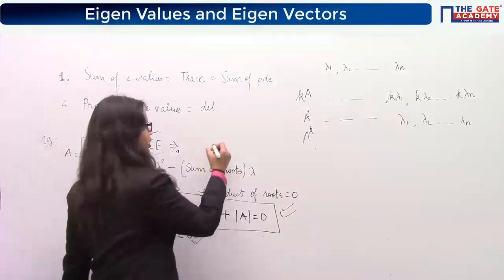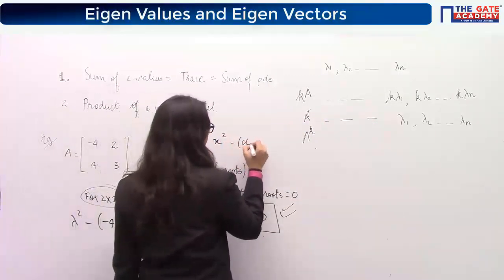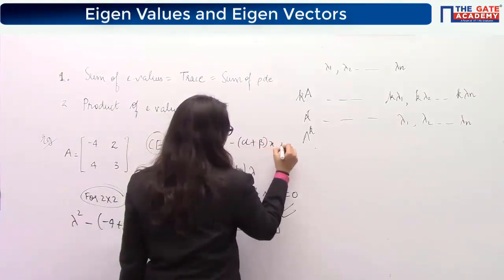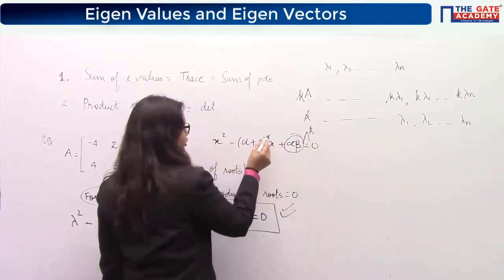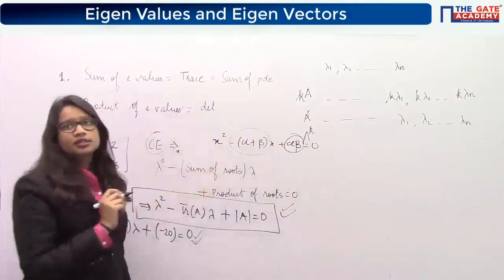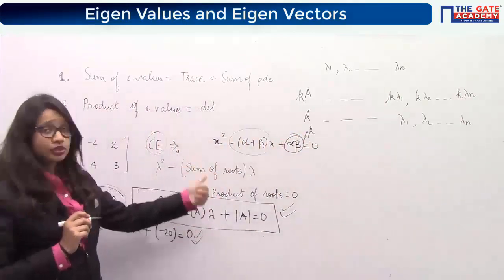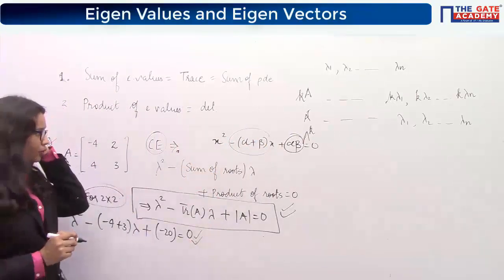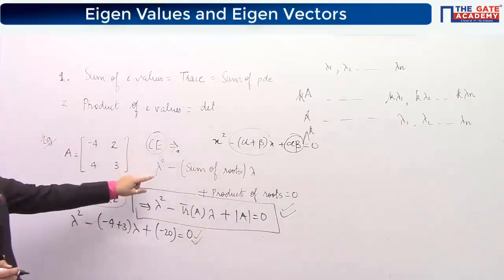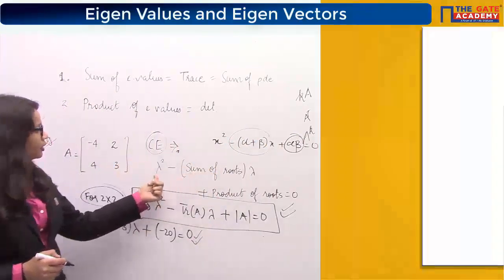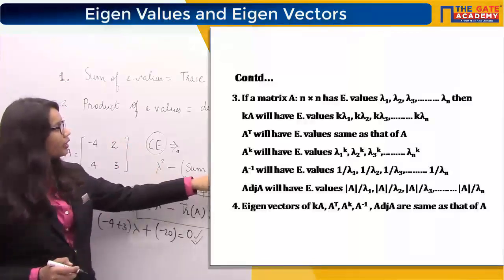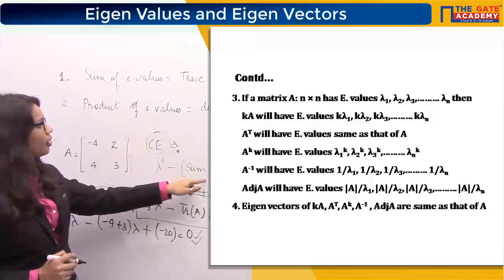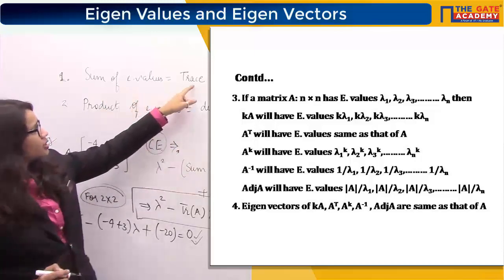If you must have studied this one, x square minus alpha plus beta times x plus alpha beta, where alpha beta was the product of the roots, alpha plus beta was the sum of the roots. This is the general equation which we have already studied at school level. So using that, because this is the characteristic equation and roots are nothing but the eigenvalues, sum of roots means sum of eigenvalues and that is nothing but trace.